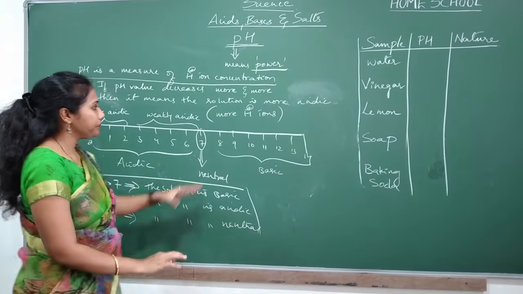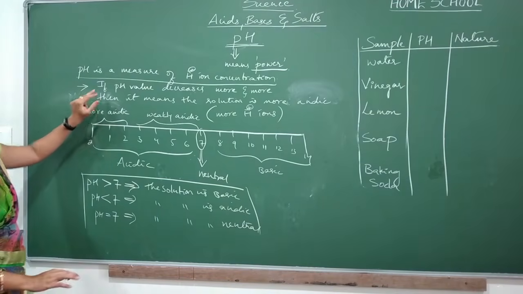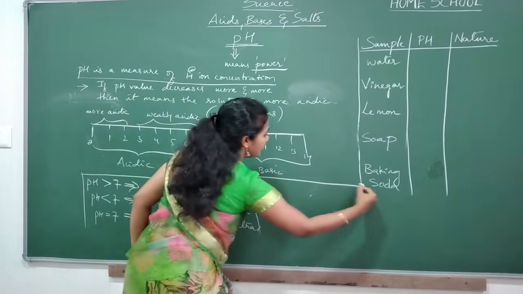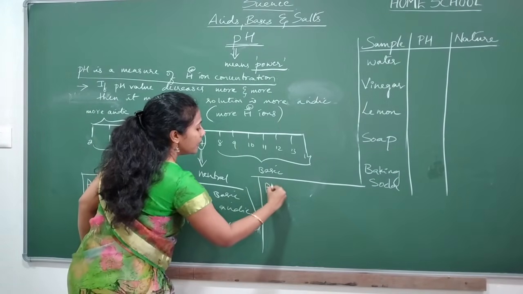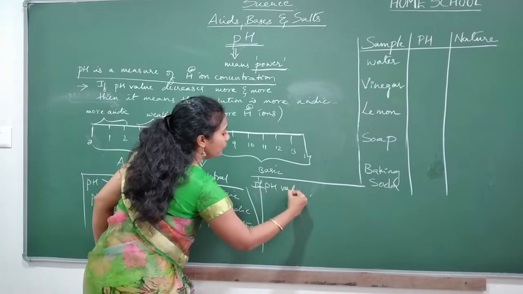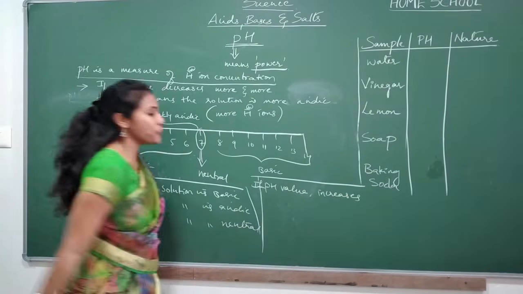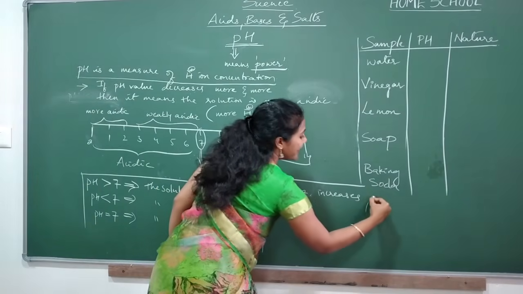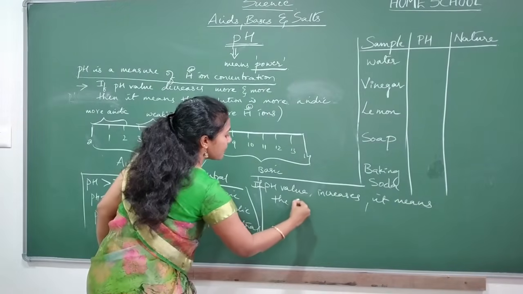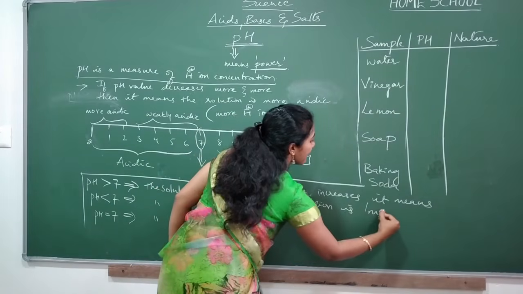Similarly, one more point you have to remember. If the pH value increases more and more, here I'll be writing these points, you have to note them down. If the pH value increases, it means the solution is more basic.